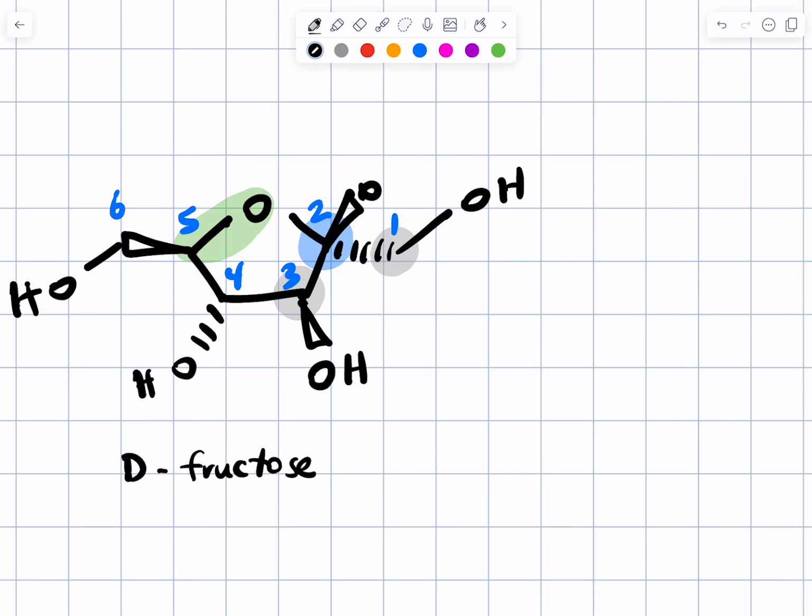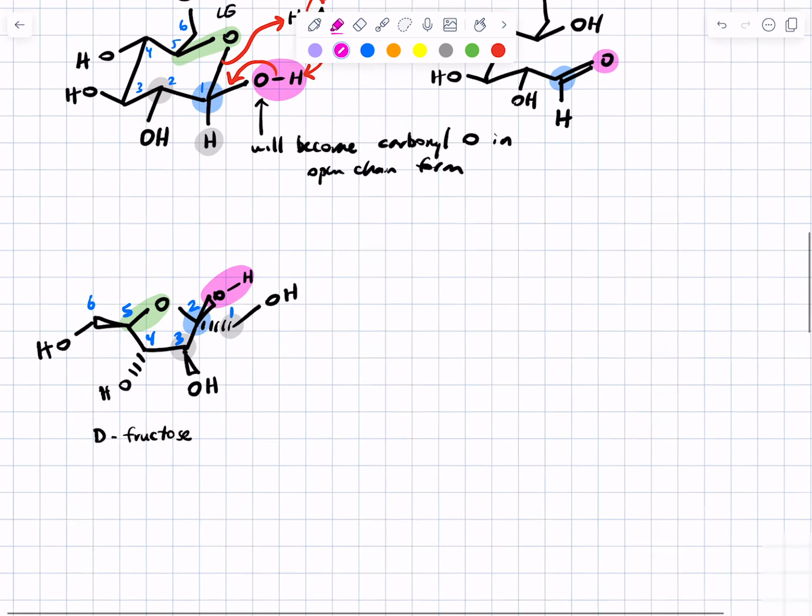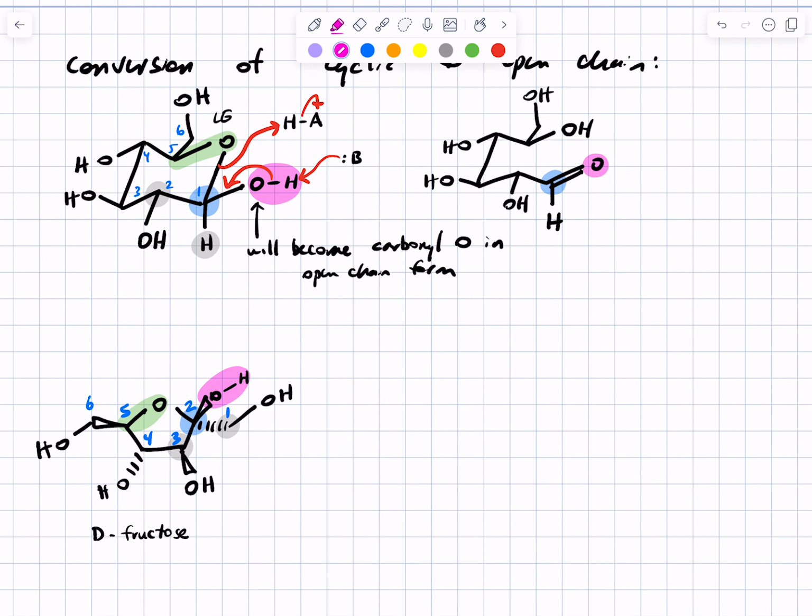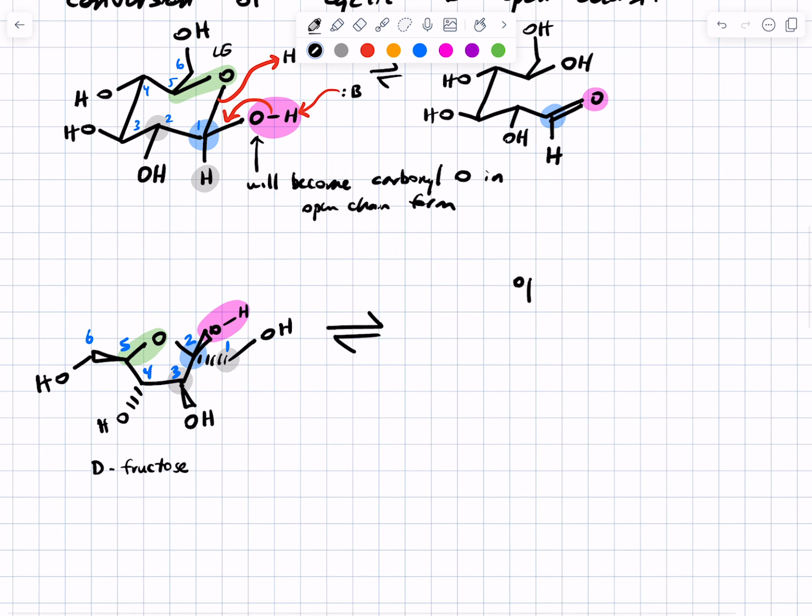So once you've drawn that, using what we just did above, draw a mechanism using a base and an acid as needed to convert the closed chain form of fructose into an open chain form. Take a couple minutes and do that.